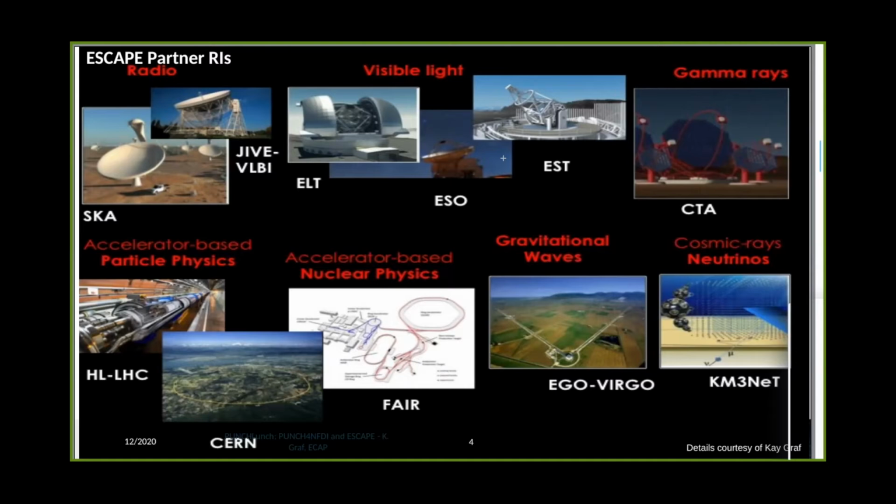We're covering radio astronomy with SKA and VLBI, through to visible light, and then through to gamma rays with CTA. There's a few missed off there as well, but that covers the idea. And then there are the more novel astronomical detectors, if you like: the gravitational wave detectors and neutrino detectors as well.